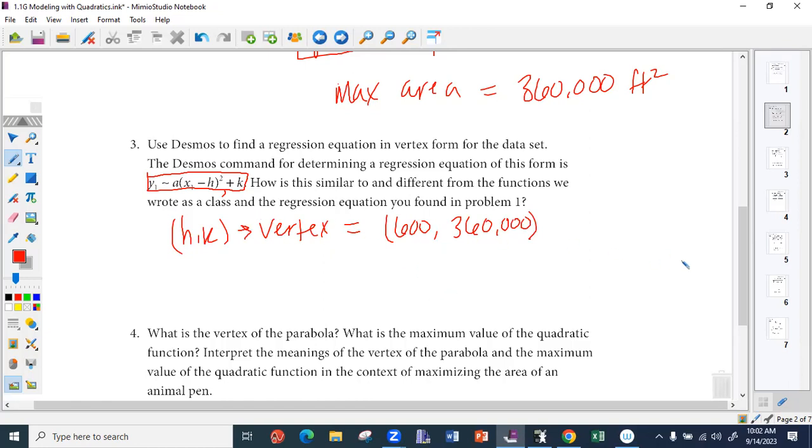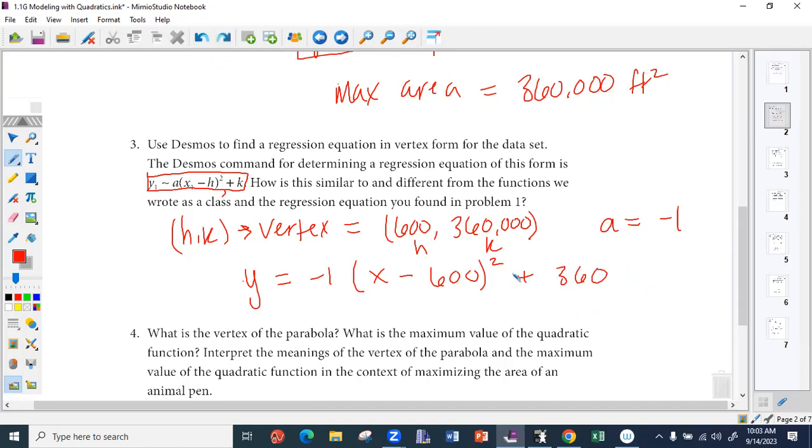Your a comes from your regression model. And what did we get for our a in our regression model? -1. Do I have everything I need to write that equation? Yes. So in vertex form, we have y equals -1 times x minus our h, which is 600, plus our k, which is 360,000.